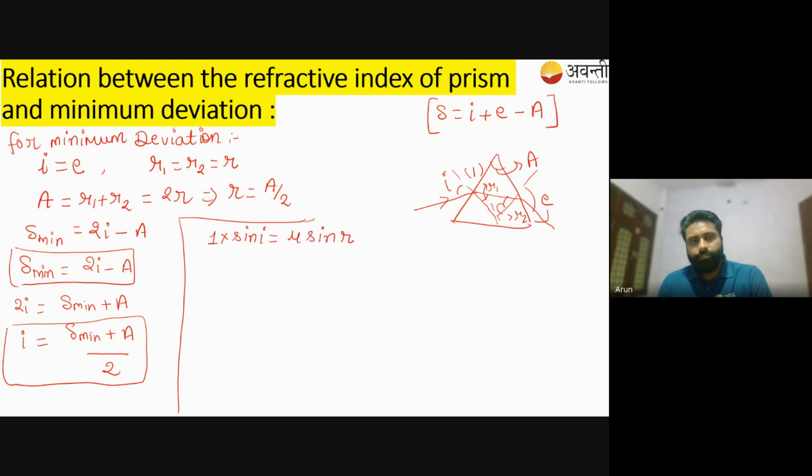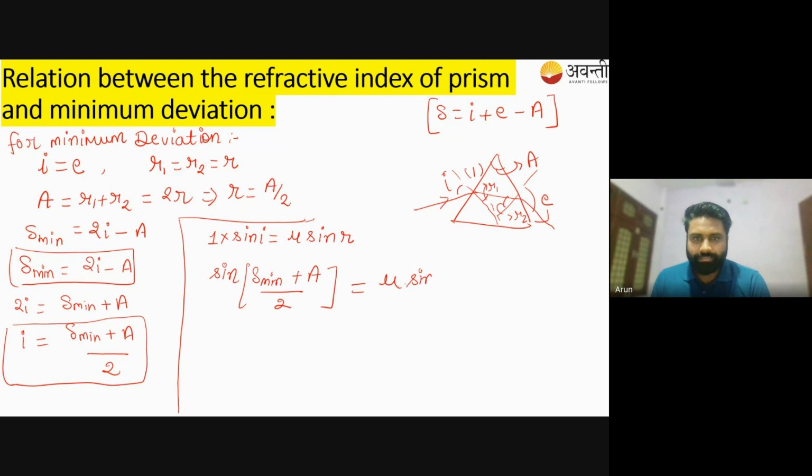Put the value of I here. We get sine of delta minimum plus A divided by 2 is equal to mu times, put the value of sine r also.